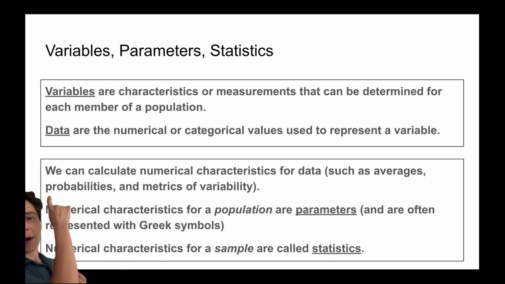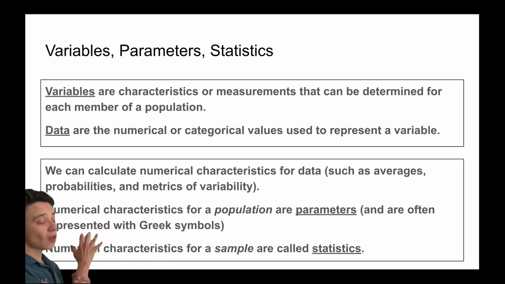The numerical characteristics could be things like averages, or things like probability. We'll get into some of those specific things we might want to calculate later on. But the important thing here is that if you're doing the calculations for a sample versus a population, it is called something different. You're also going to end up learning some literal Greek in this class. Anytime we use a Greek letter to represent something, that usually means it's a parameter.